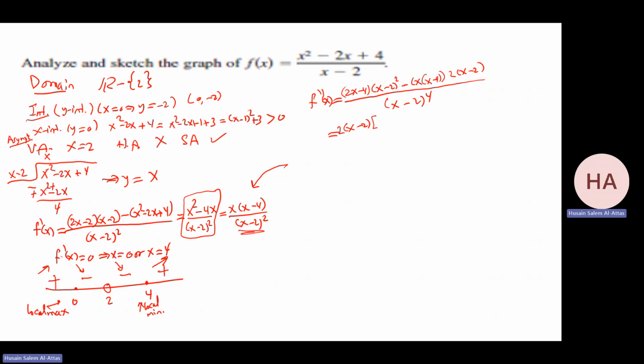That leaves x squared minus 4x plus 4 minus x squared plus 4x, which cancels, so I have 8.